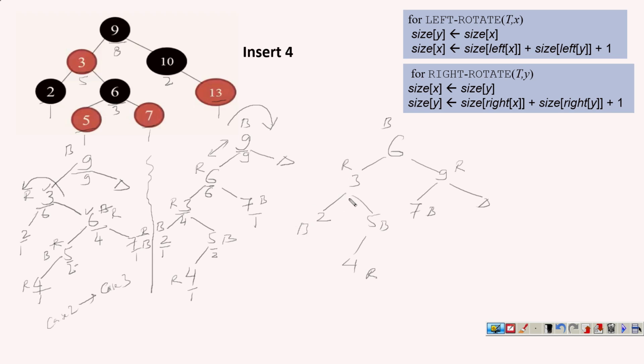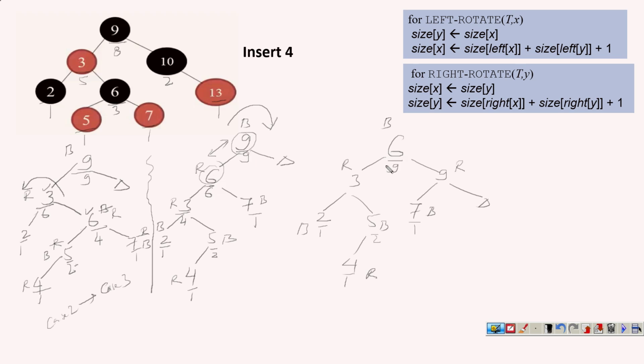Now look at the size. The other nodes remain the same size, but only this node and this node need to be taken care of, and we'll see how the size is to be written here. So this remains the same. 5 is 2, this is 1, 7 is 1, this is the entire tree. And what about this? When 6 goes up, 6 will take the size of this node, which is 9.